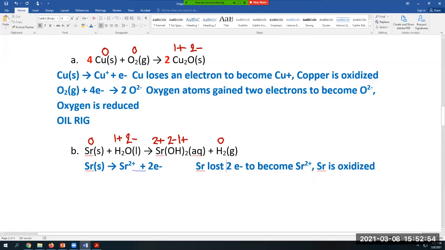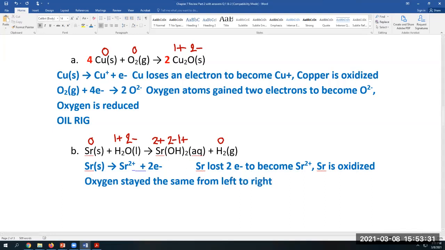So let's look at oxygen now. We have oxygen, well, not in its elemental state, but here oxygen is a 2-. And then again here it's a 2-, and there is only oxygen in those 2, reactant and product. So oxygen has not changed state. So we can say that oxygen stayed the same from left to right.